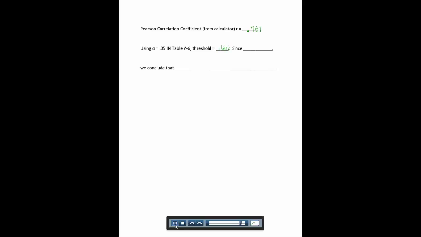We compare our R, which is 0.758, to our critical value. Since R is bigger than our critical value, we can say that there is linear correlation between a tree's circumference and its height.